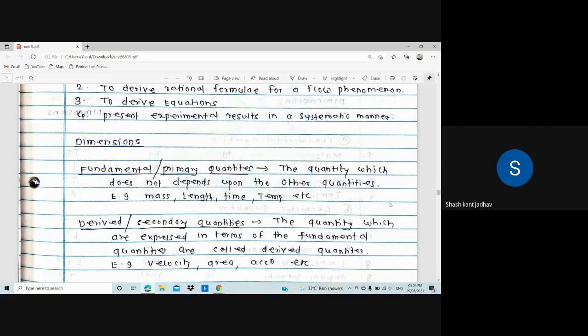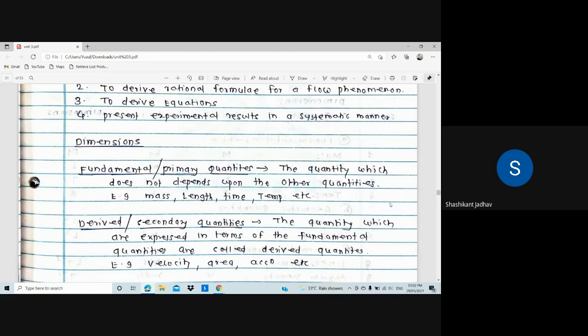Okay, then write down the second: derived or secondary quantities. Write down the definition of that.